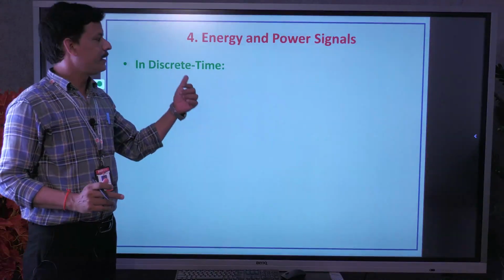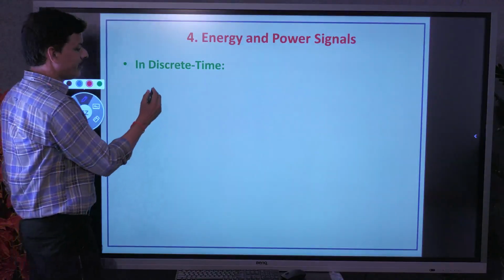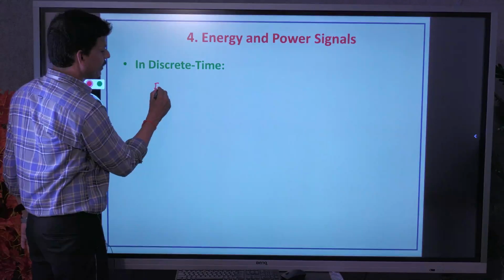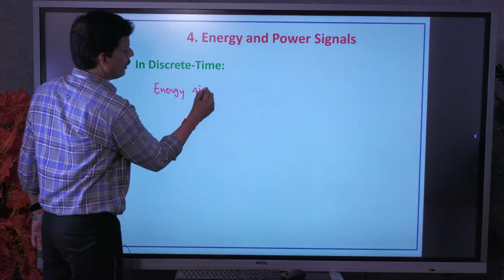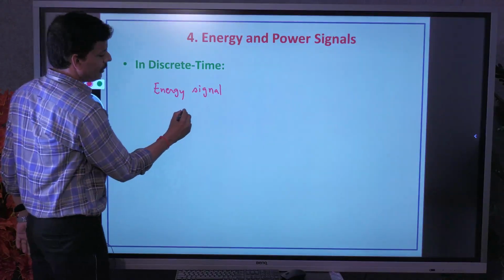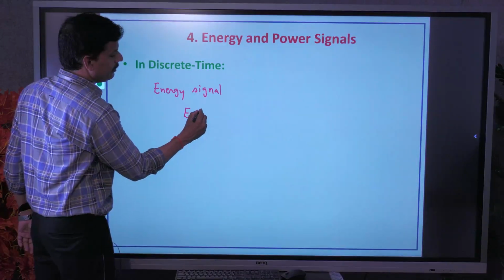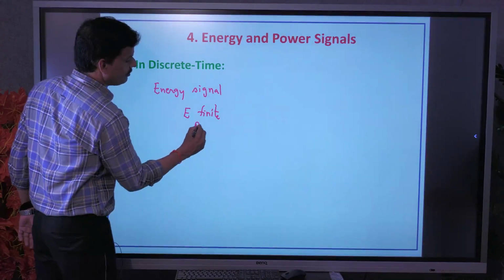Next, let us define the same thing for discrete time also. Here also the definitions of energy signal and power signal are the same. For an energy signal, the energy E is finite and P is 0.